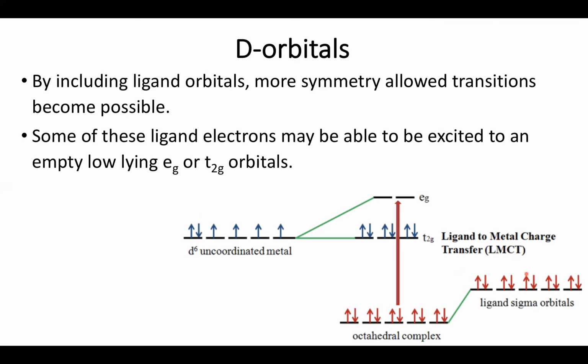So you may imagine I have my metal coordinate to the ligand. And while I may have no actual coordination, exchange of electrons between the d orbitals and the sigma orbitals of the ligand complex, what I may end up seeing is some sort of modification of the orbital levels.